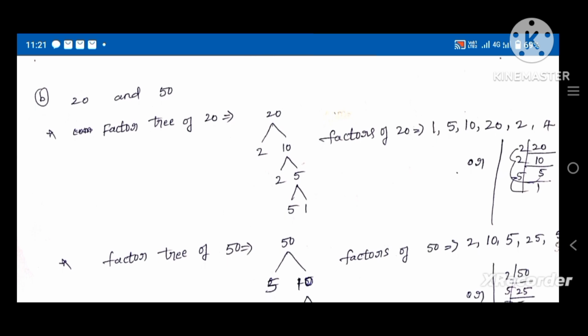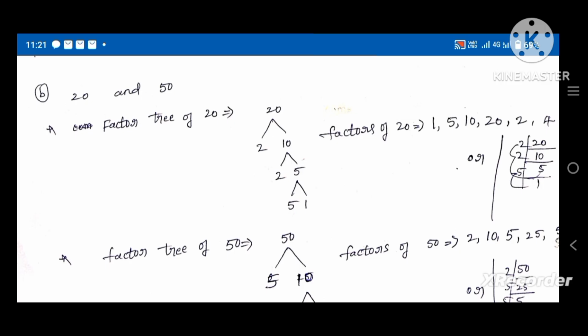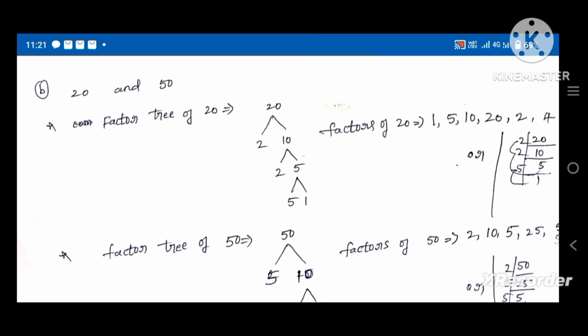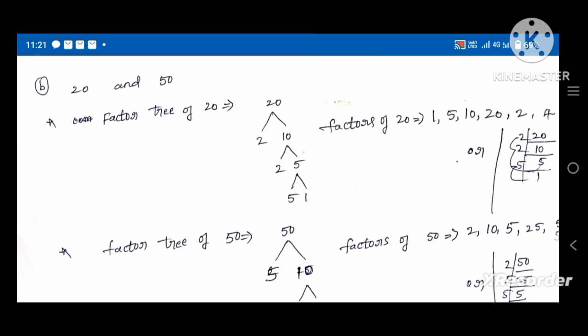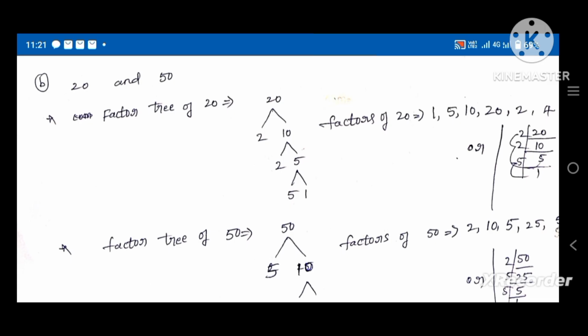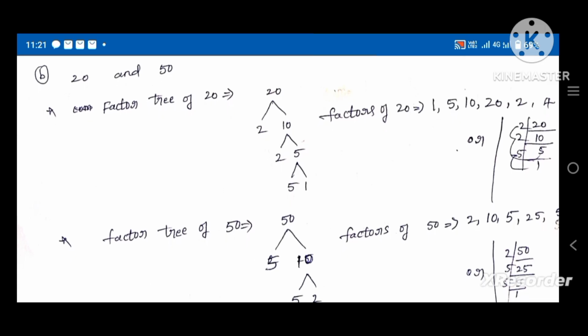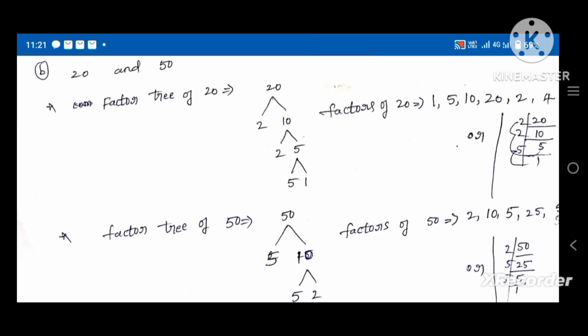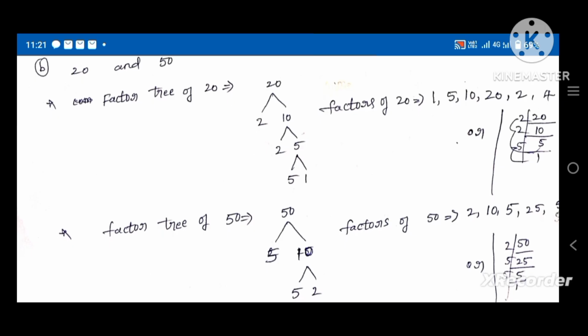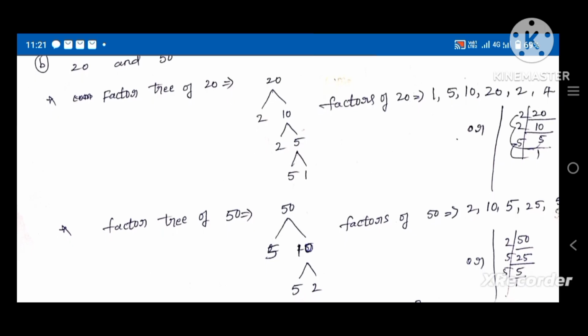20 and 50. Factors of 20. These are the methods to find the factors of 20: 1, 5, 10, 20, 2, 4. Factors of 50: 2, 10, 5, 25.